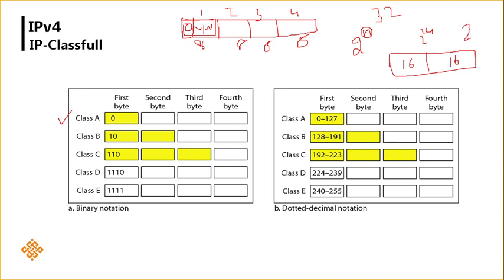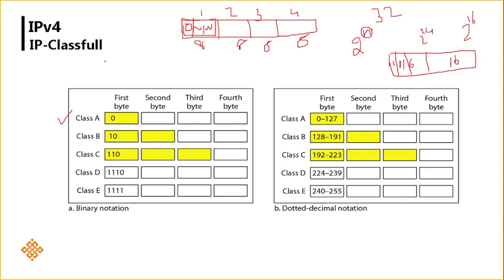That means you can connect up to 2 power 16 systems. Among the 8 bits of the first block, the identification bits for class B are 10, meaning the first bit is 1 and the second bit is 0.